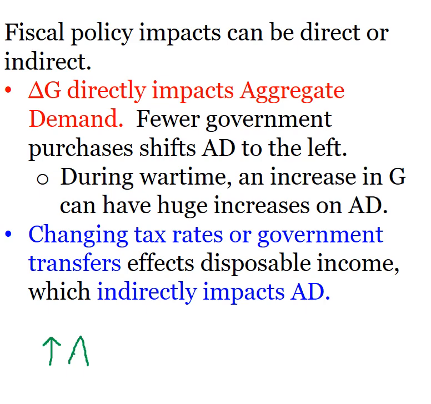If we want a direct increase in aggregate demand, first of all, which of these three things, government spending, taxes, and transfers, is the direct one? Government spending. All right, so if we want AD to go up, what do we do to government spending? We increase it, and that will give us a direct effect.